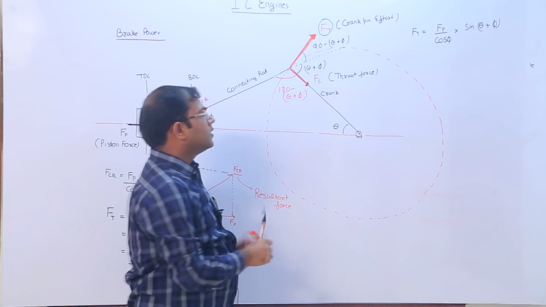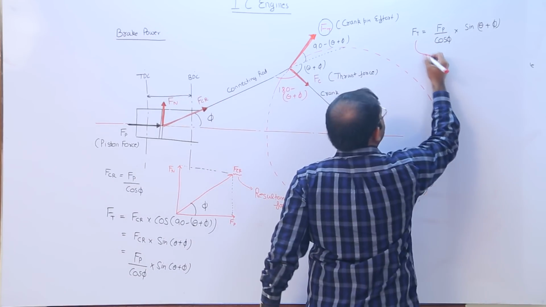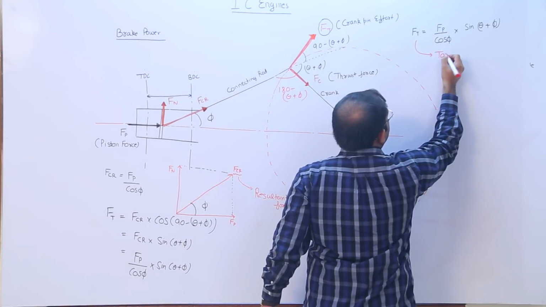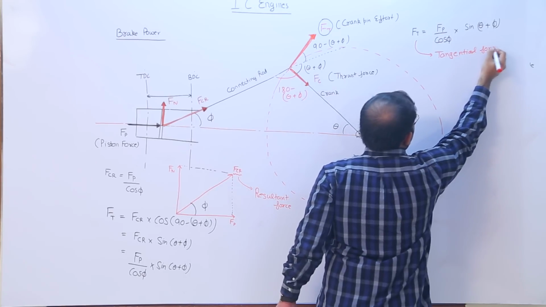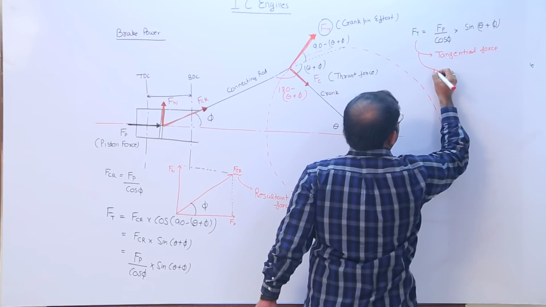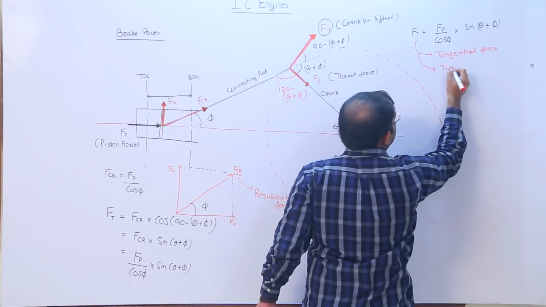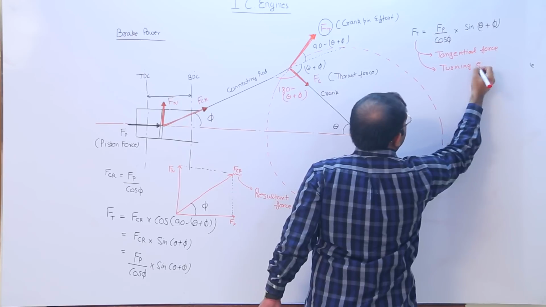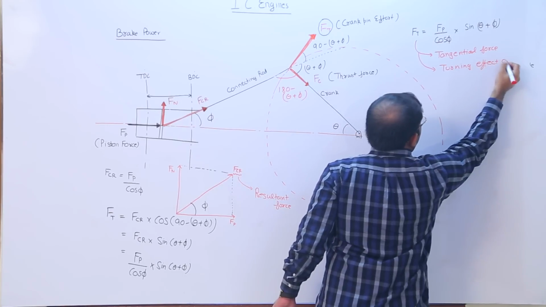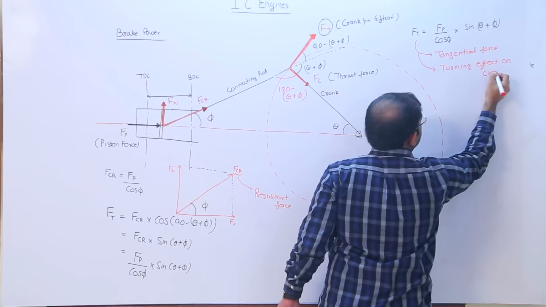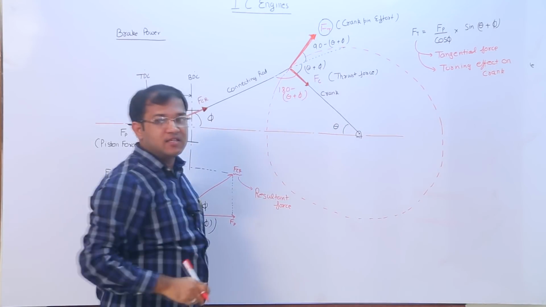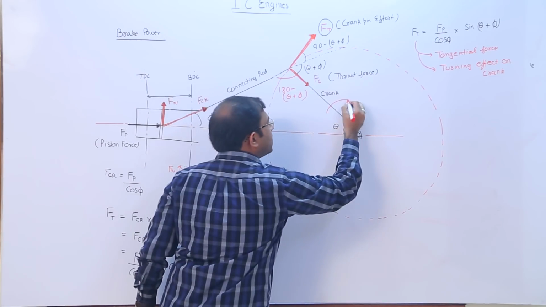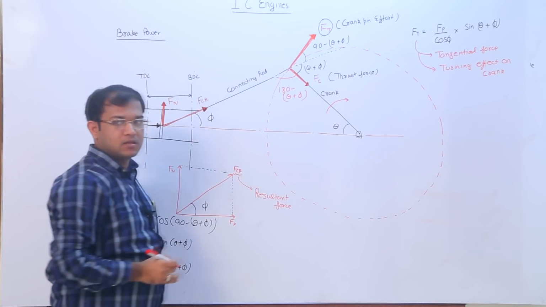See students, this Ft is nothing but a tangential force, and it will lead to a turning effect on the crank. This component Ft is responsible for the rotation of the crank. Is it okay?